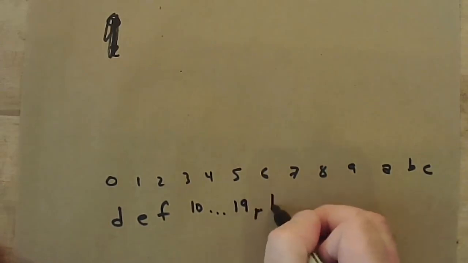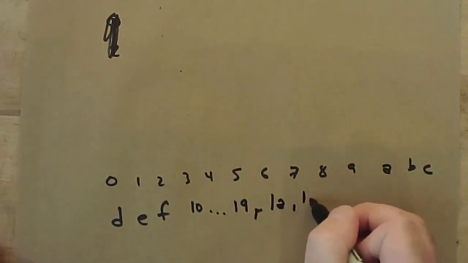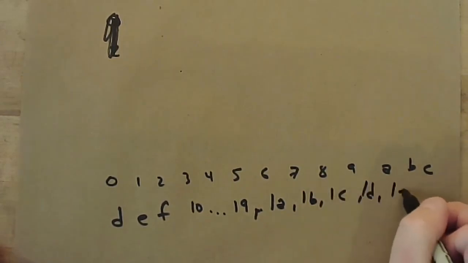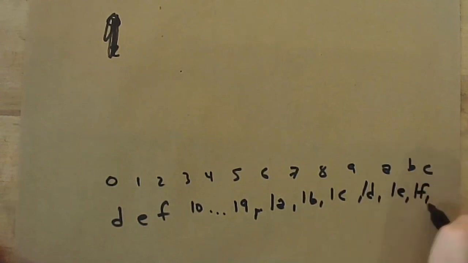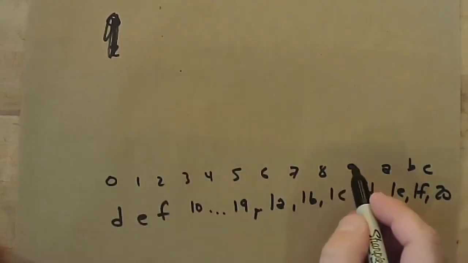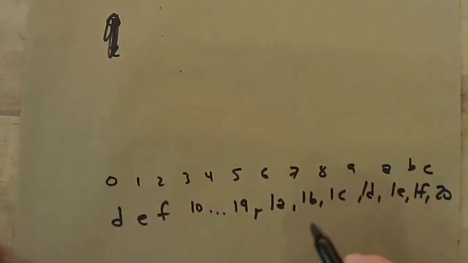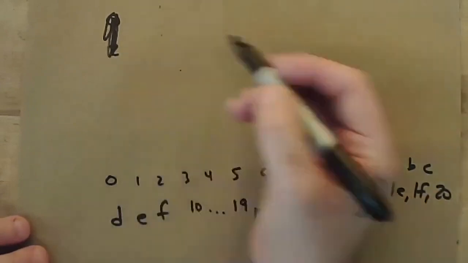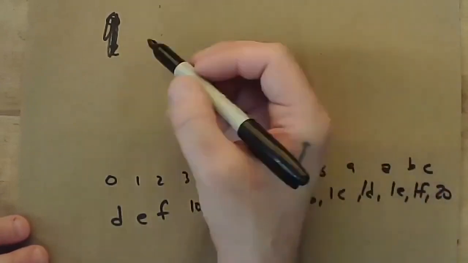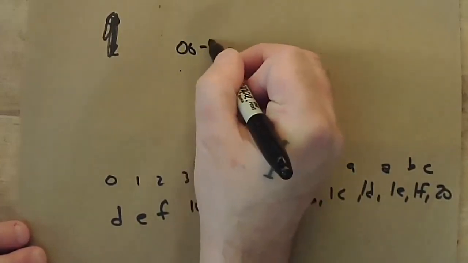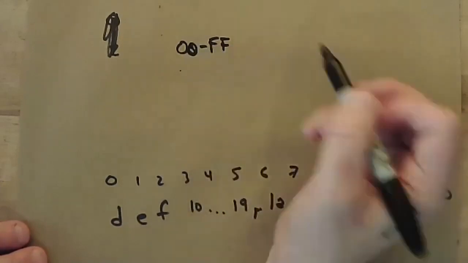And then we'd have 1A, 1B, 1C, 1D, 1E, 1F, 20. So we're just adding those A through F at the end of 1 through 9, and then counting through in the same way. So yes, in HTML, we use hexadecimal, which has this range of 00 through FF for each channel.